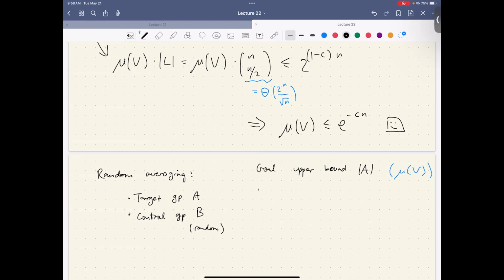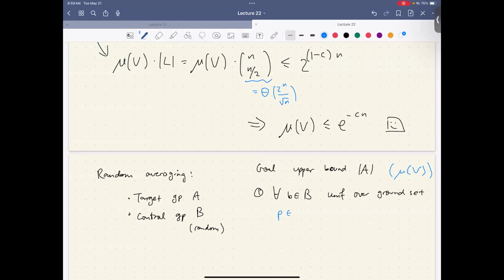And remember the property I mentioned before. The property is that in this random control group, every element b in B must be uniformly distributed over the ground set, which is the case here.